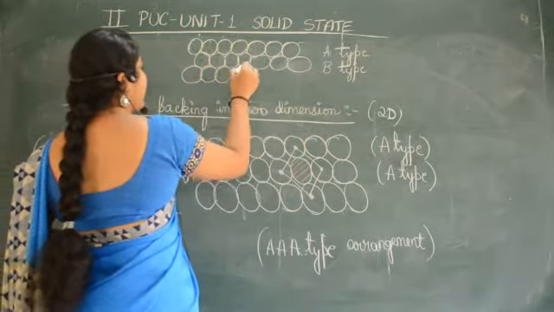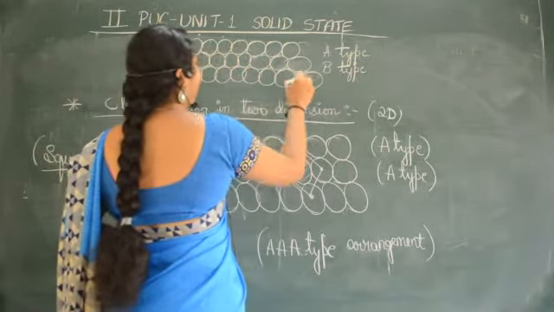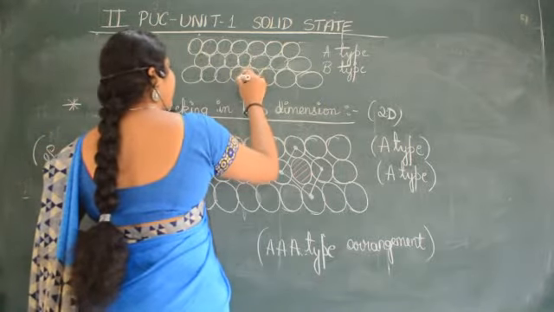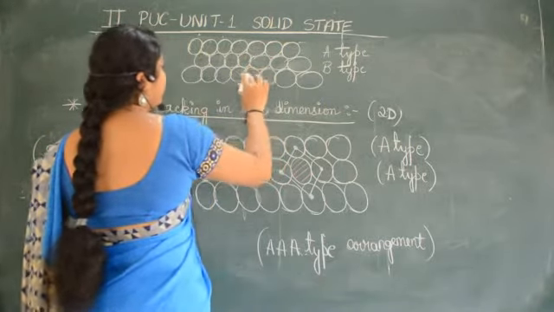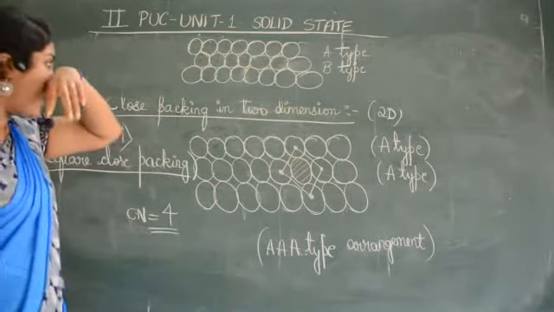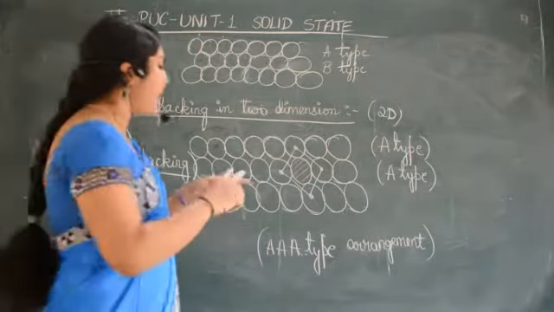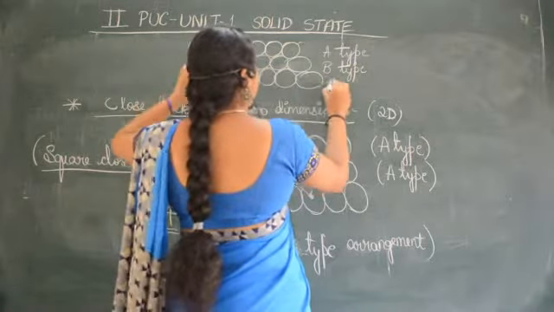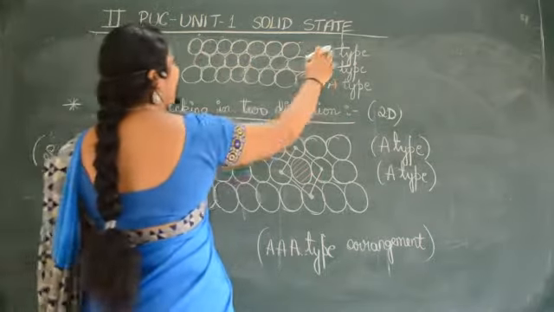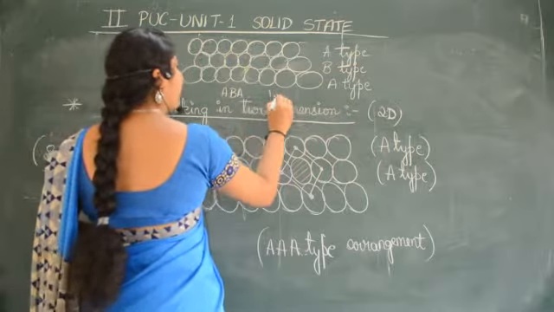In the depressions, the atoms are arranged. Clear? Now what we have to see? We will consider any one atom. Now this is again similar to A, so A type. So what will be the type of arrangement here? AB type arrangement.